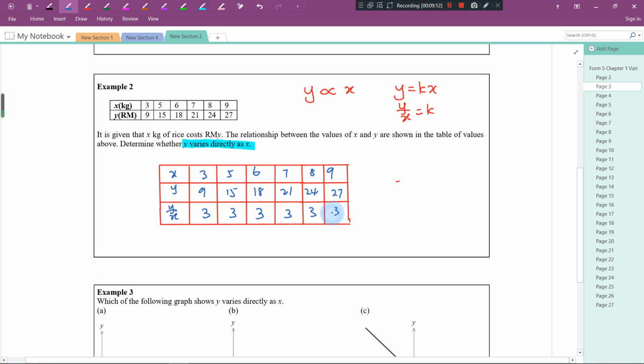All the values of y over x are equal to 3, and it's a constant. y over x is a constant, right? Therefore, we can make a conclusion that yes, y varies directly as x. If you want, you can just copy this one: y varies directly as x.